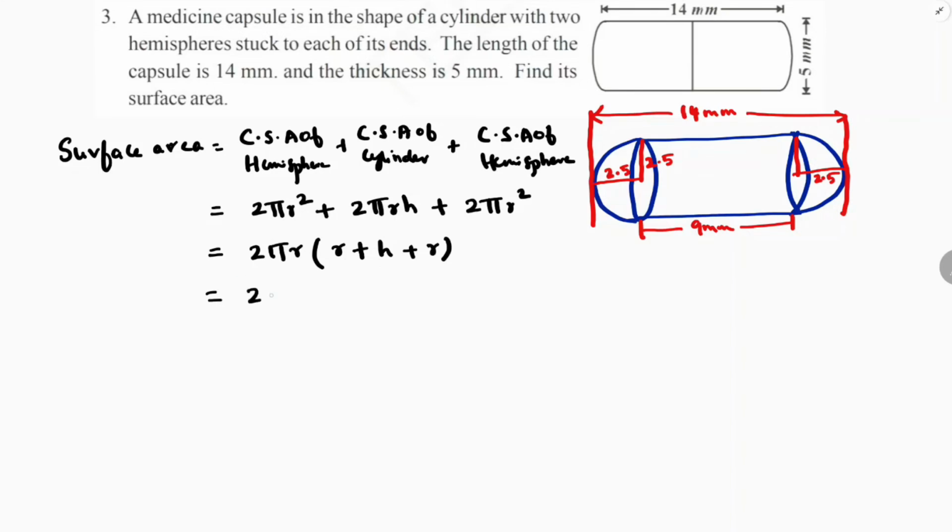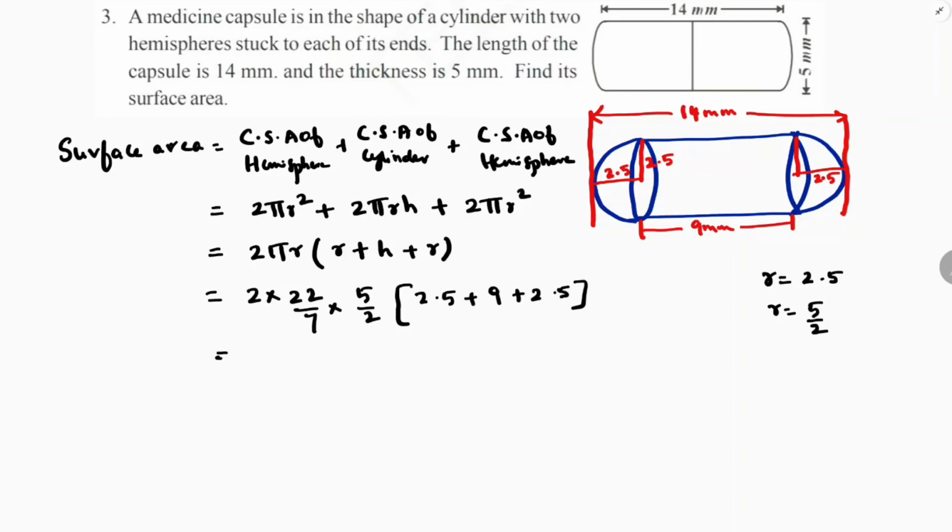So now if you calculate, 2 times pi is 22 by 7. Radius is 2.5, which you can write as 5 by 2. Here 2.5 plus h 9 plus again 2.5. So here 2 into 22 by 7 into 5 by 2, 2.5 plus 9 plus 2.5 is 14. 7 times 1, 7 times 2, and here 2 and 2 will get cancelled.